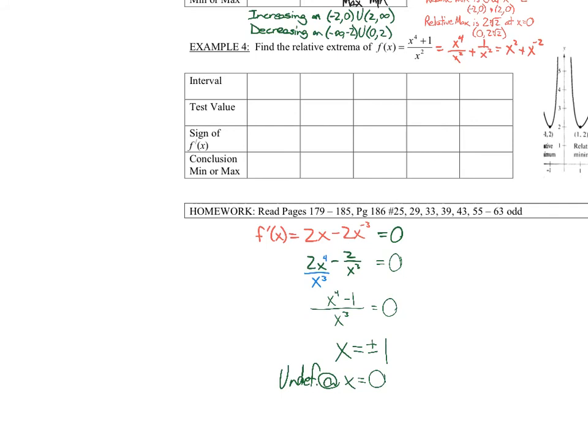Be careful with this, because if you just do the sign diagram, you might be tempted to say that that's a max or a min point. Hopefully you'd figure it out when you plugged it in and got something undefined, but you could save yourself some work. The domain says x cannot equal 0, so I know that's going to be a vertical asymptote. I'm going to make a note of that: vertical asymptote.